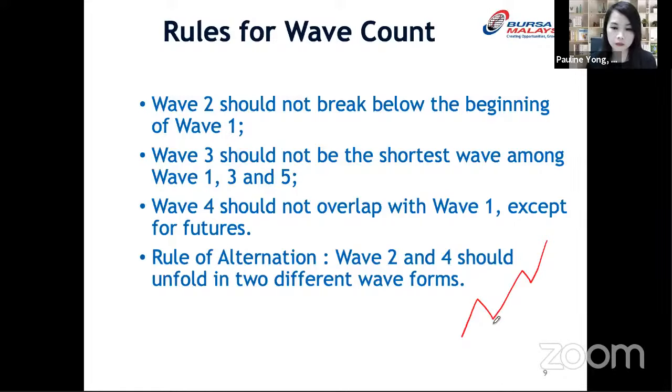Remember in Fibonacci, we said that the maximum retracement is 618, which is around here, slightly more than half. So if you have a retracement all the way back to the original starting point, then it is not an uptrend anymore. Therefore, wave 2 should not break below the beginning of wave 1.